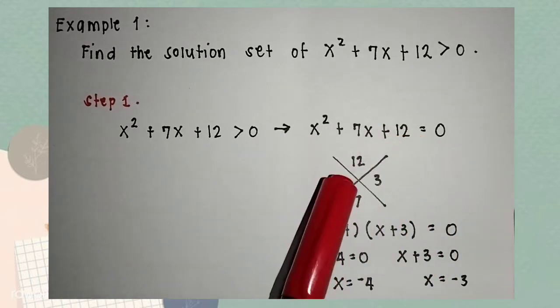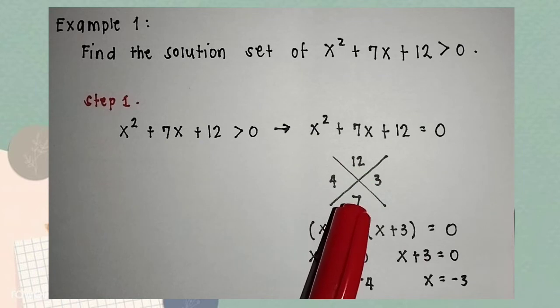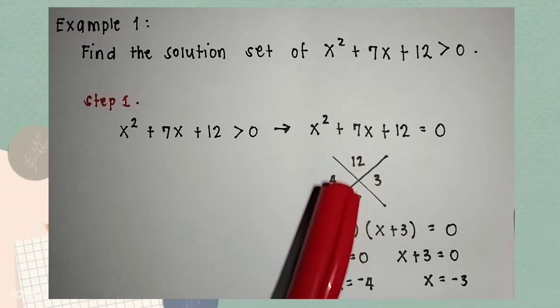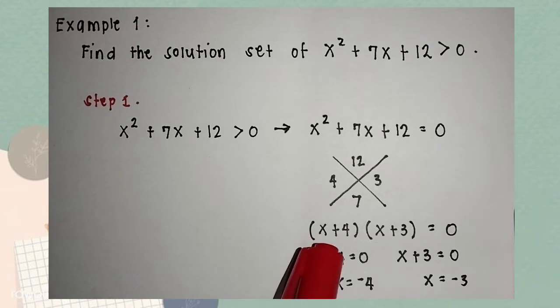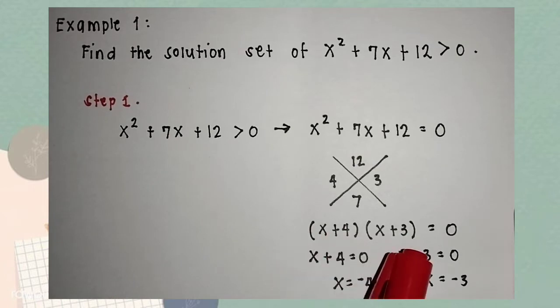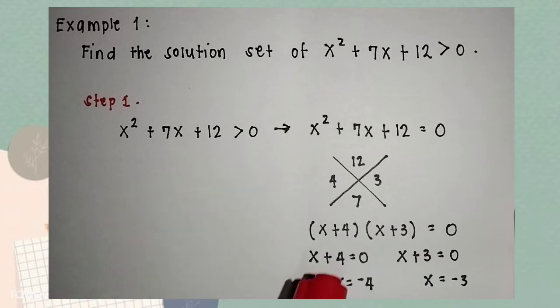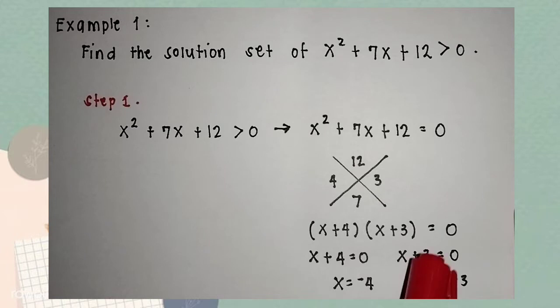We put the 12 on top and the 7 below, then find the factors of 12 that add up to 7. Those are 4 and 3. Therefore, the factors are x plus 4 and x plus 3. Equate each to 0: x plus 4 equals 0, x plus 3 equals 0. Transposing, we get negative 4 and negative 3.